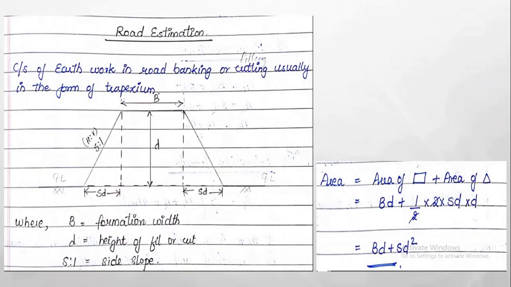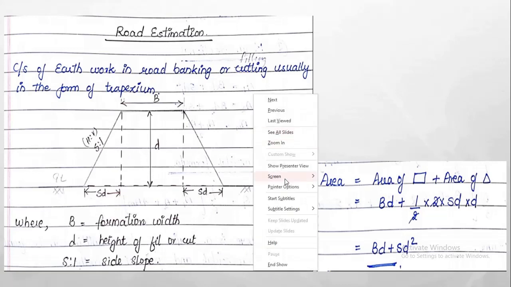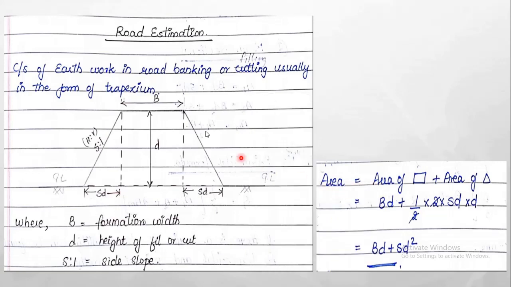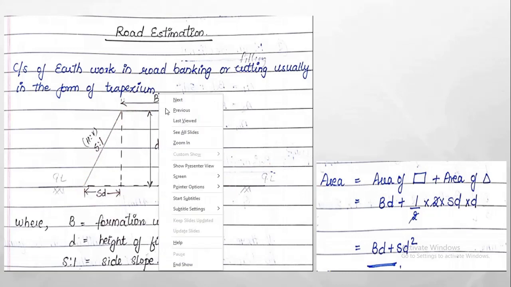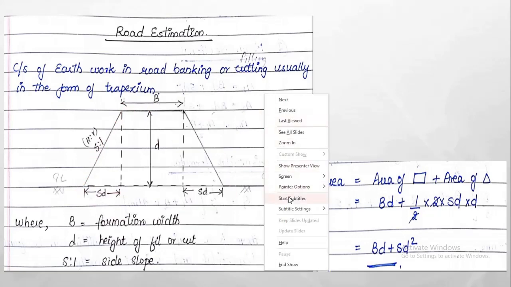So road estimation. From this picture, I hope you'll understand what this picture is all about. This is basically a cross section of a road. This will be in a trapezoidal shape.